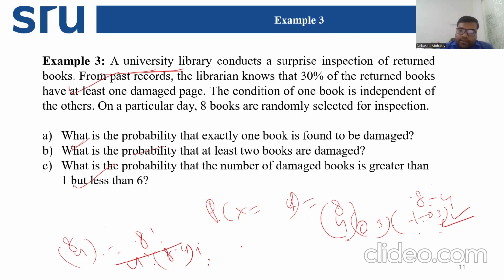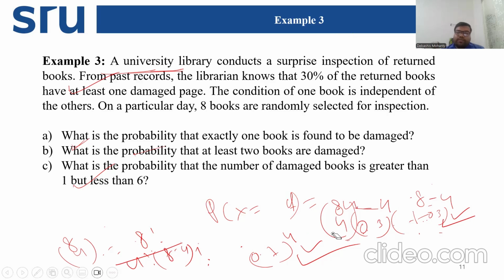We need to calculate 0.3 to the power 4 and also 1 minus 0.3, which is 0.7, to the power 4.